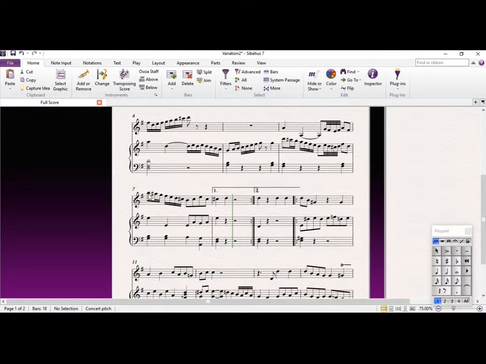Okay, so I'm just copying in the piano this octave leap. I'm just copying it from the octave leap in the violin in the bar before.